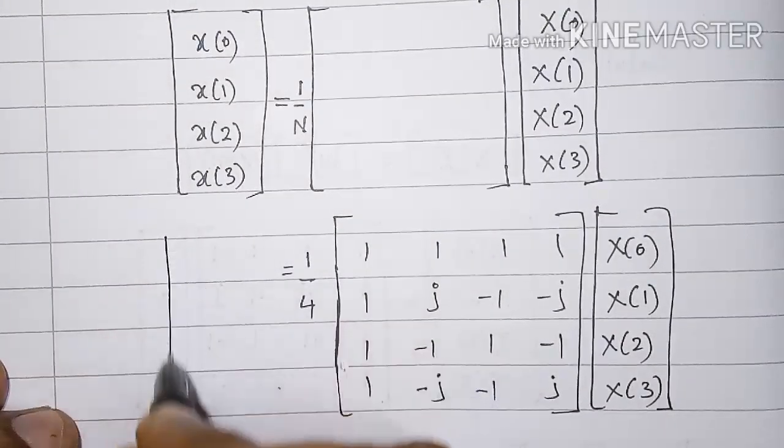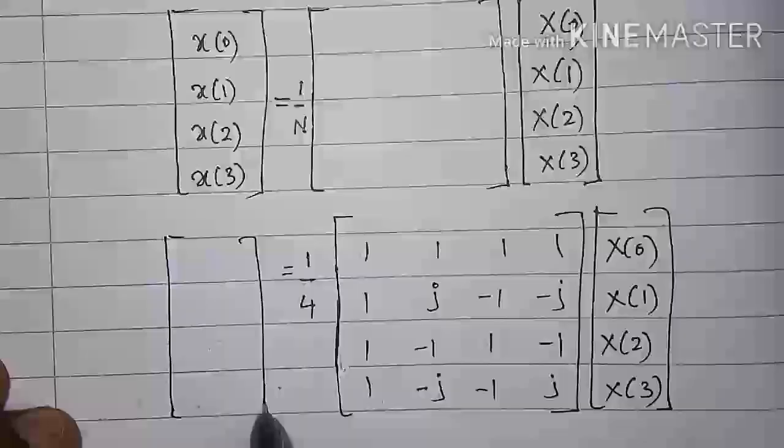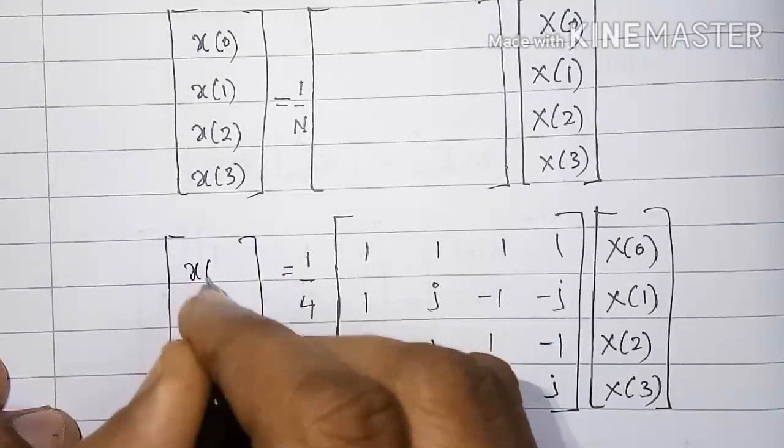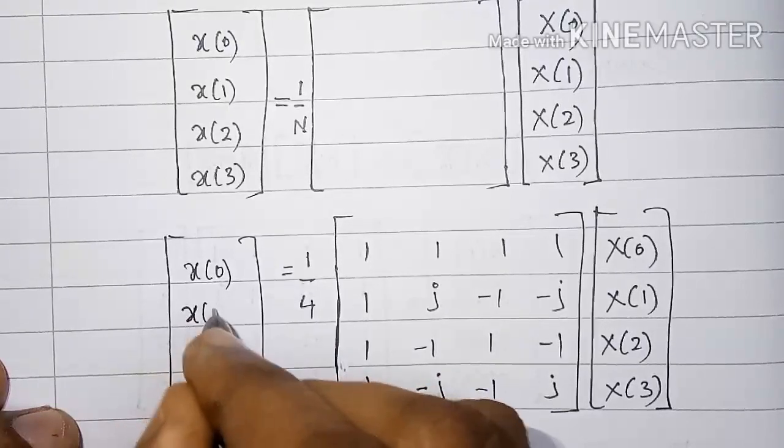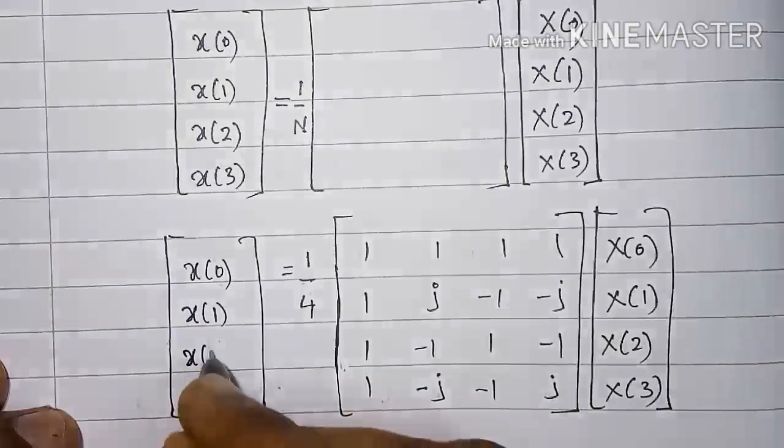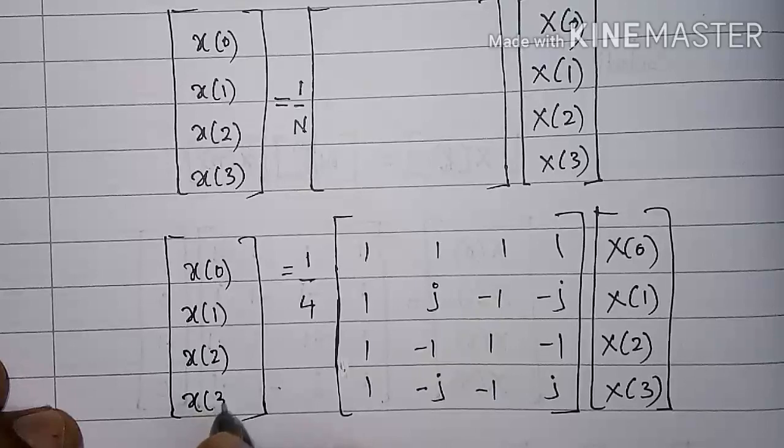So this is nothing but x of 0, x of 1, x of 2, x of 3.